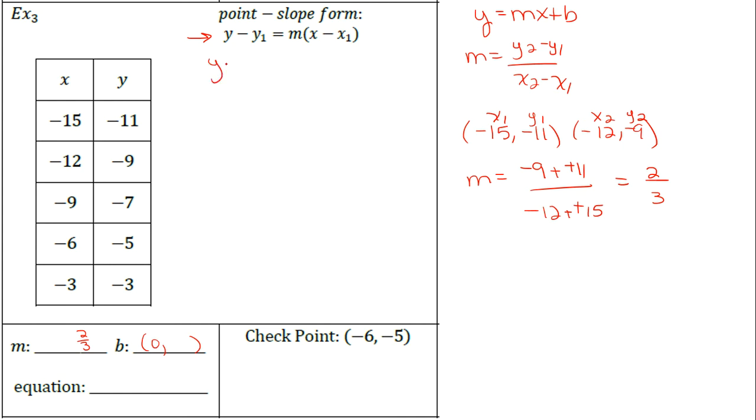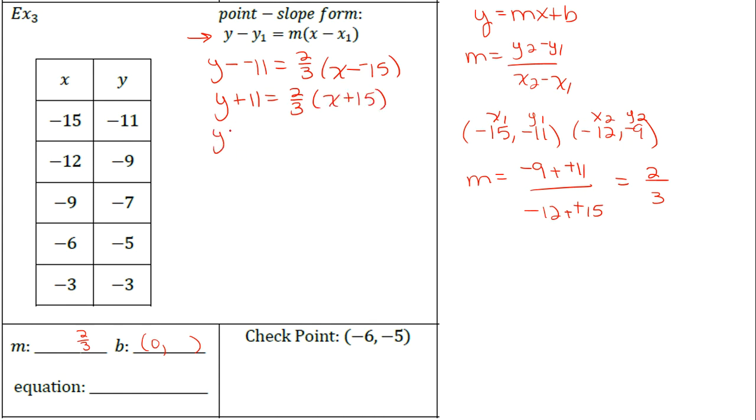So we're going to have y minus my y1 is equal to my slope of 2 over 3, and then we have x minus my x1. And now this is really y plus 11, and this is really x plus 15.